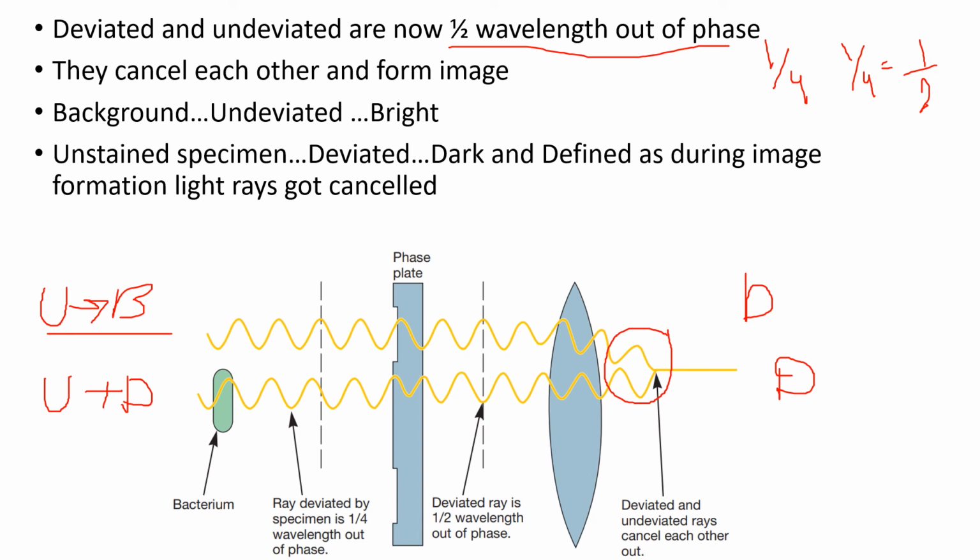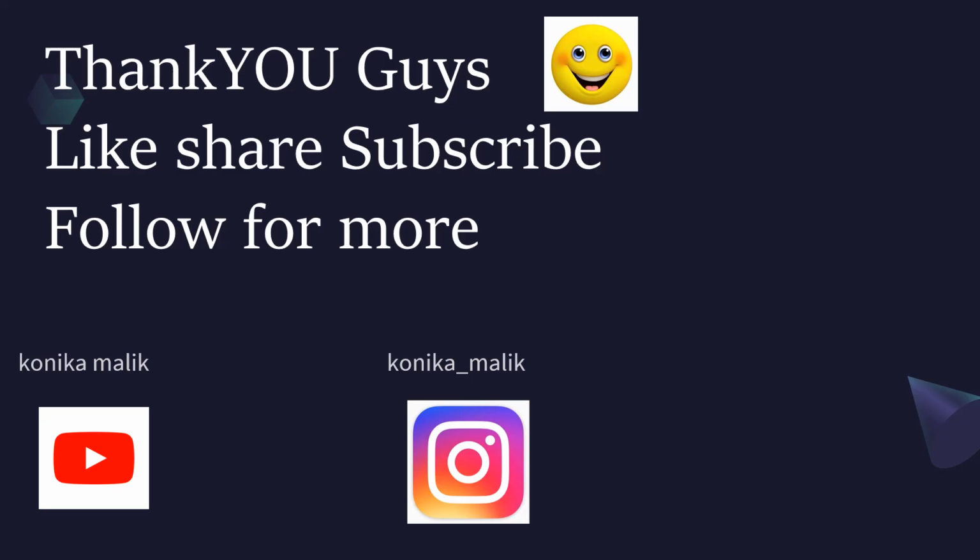But when undeviated light rays meet the deviated light rays, they cancel out each other because they are half out of phase, and they form the image. So the image appears dark in color. And due to the different refractive indexes, different kinds of internal structures are formed, and so a clear, well-defined image is produced. I really hope that the working of phase contrast microscopy is pretty clear to you all, guys.